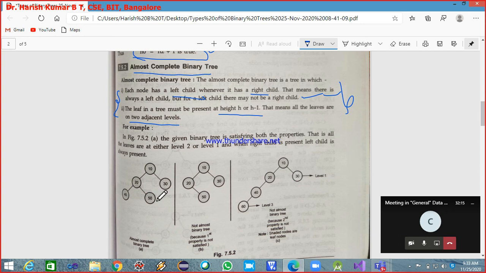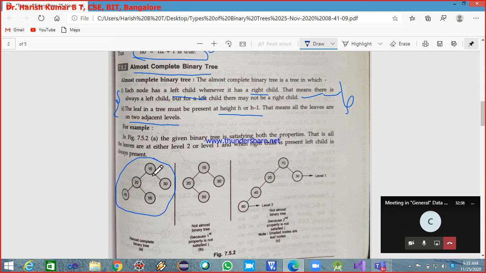Are they present at the 2 adjacent levels? Yes. Now this is an almost complete binary tree, and they are present at the height h and h minus 1.